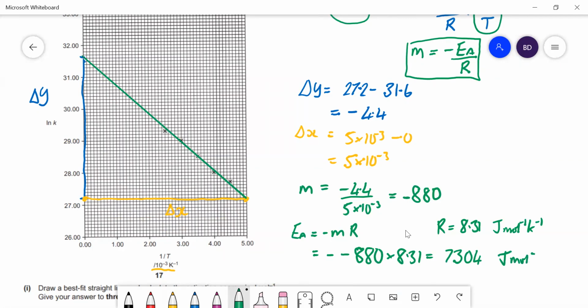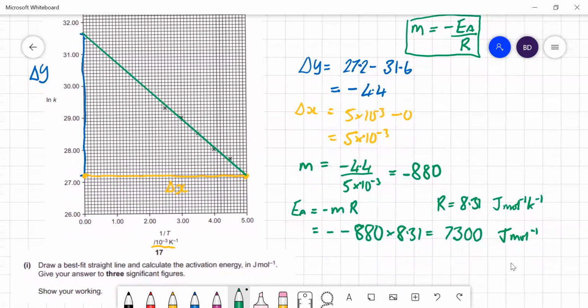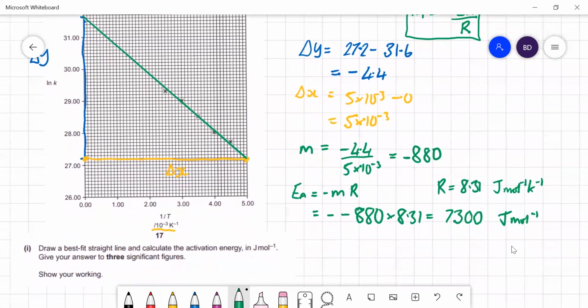And we need the answer to three significant figures, so I should call that 7,300. That's the three significant figures. Okay, and joules per mole.